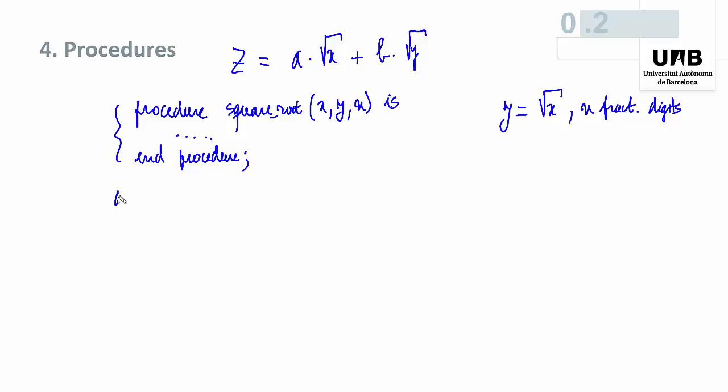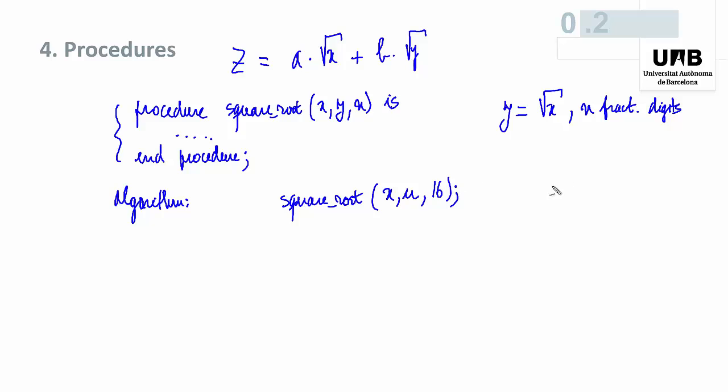Then the main algorithm will be the following. Square root, we make a call to the square root procedure with parameters x, a new variable u, and for example 16.